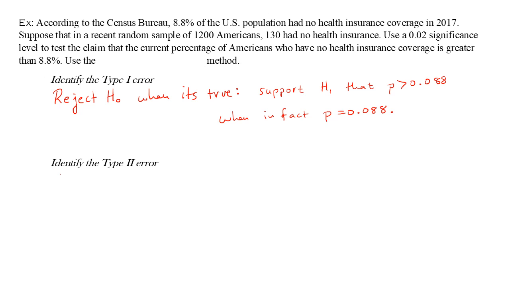Versus the type 2 error would be failing to reject H0 when H0 is actually false. So in this case, we would not necessarily support H0, but we would fail to reject it.